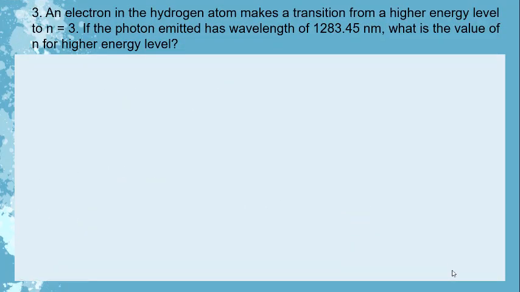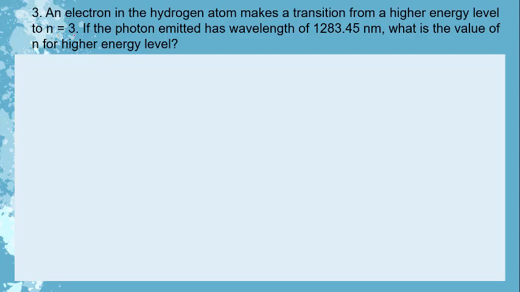Okay, we proceed to the last question, number 3. An electron in the hydrogen atom makes a transition from a higher energy level to n equal to 3. If the photon emitted has a wavelength of 1283.45 nanometer, what is the value of n for the higher energy level?